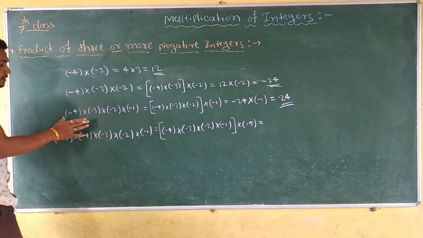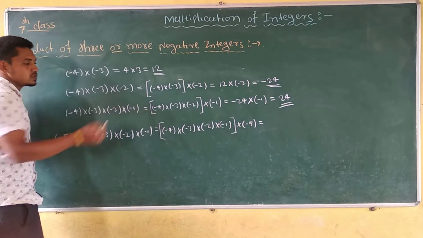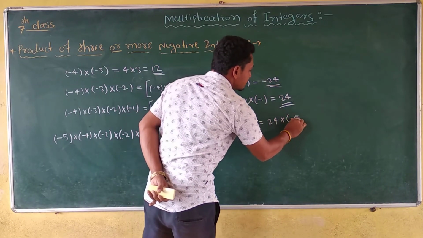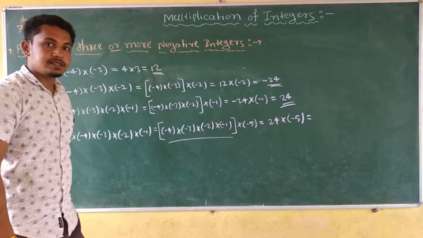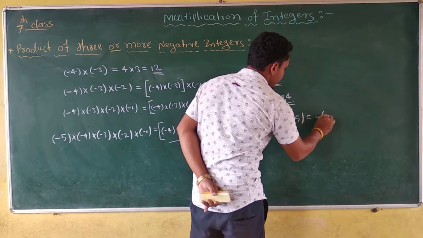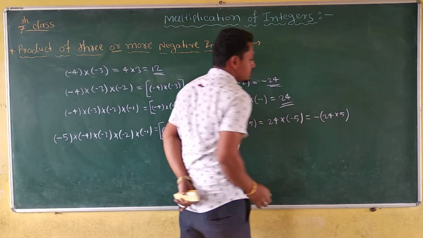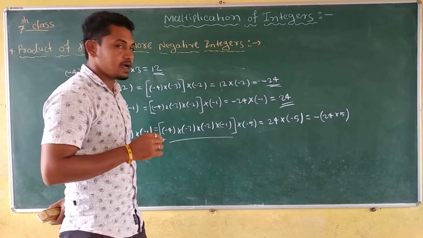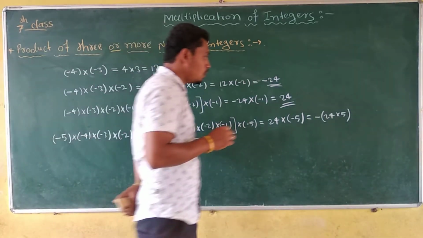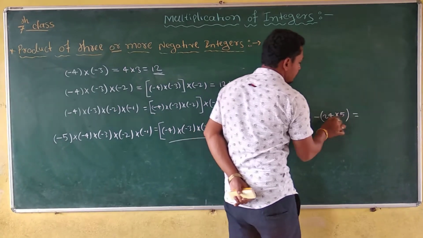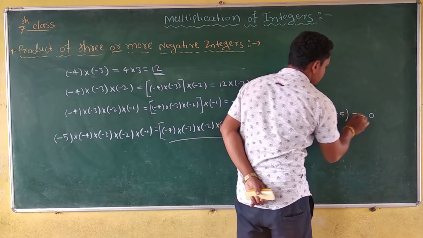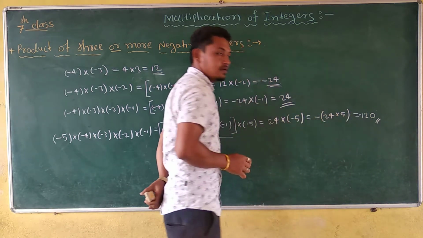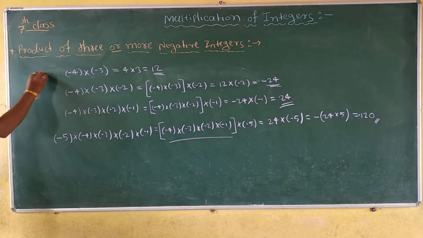You already solved the product of minus 4, minus 3, minus 2, minus 1, which is 24. 24 into minus 5 is minus, 24 into 5, which is 120, and take the minus sign here.